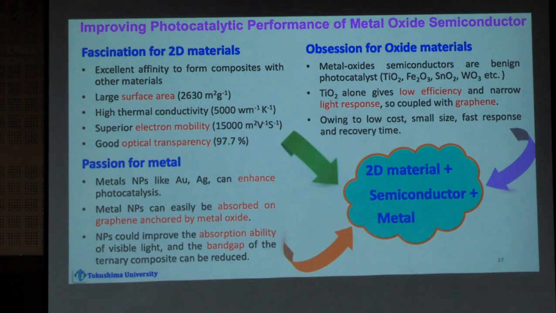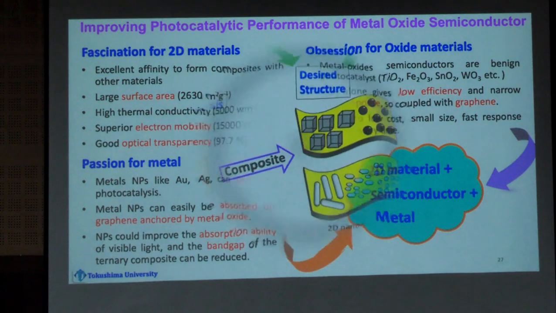So this metal nanoparticle pushes these charges quickly and reduces the recombination rate. Each component has a certain role. If you mix them together and make a ternary composite, then the end result is good.